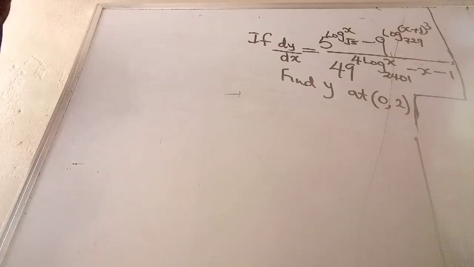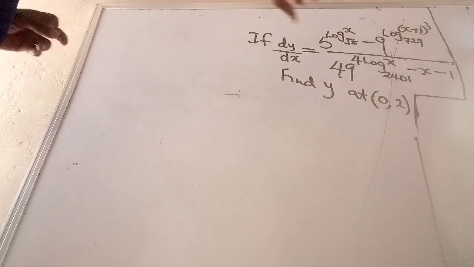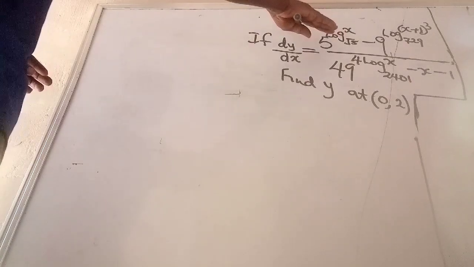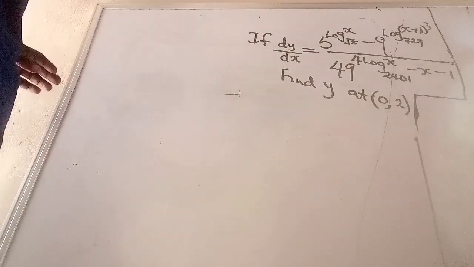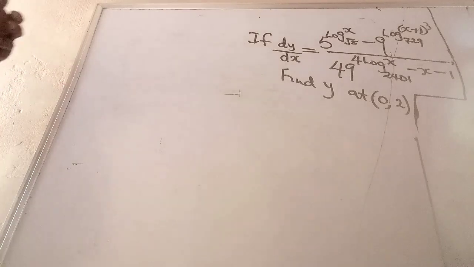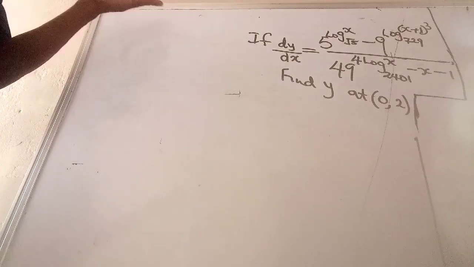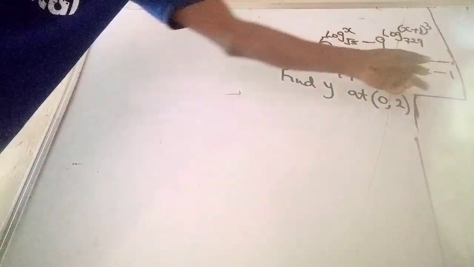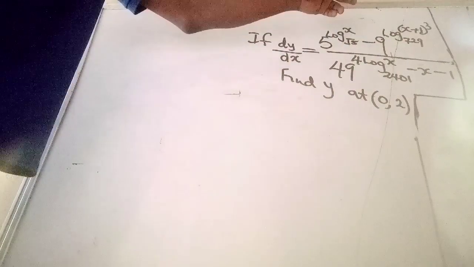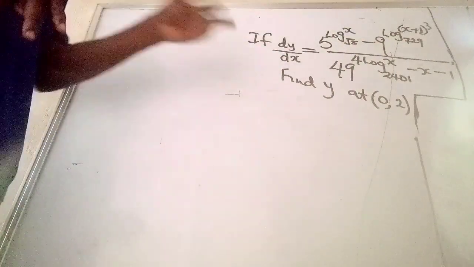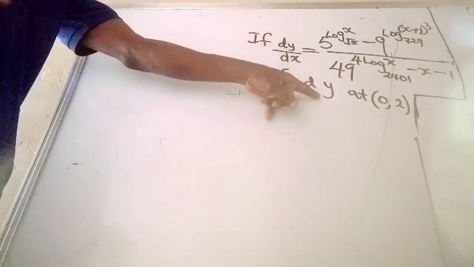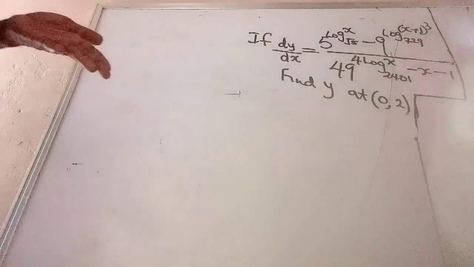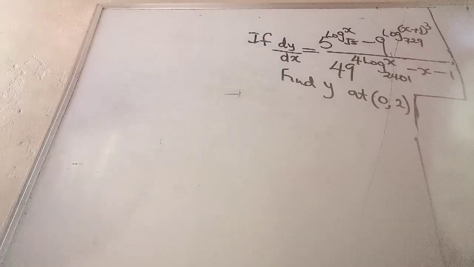How do we go about it? Fine. If you look at this question, you will observe that it has to do with logarithm and indices. That means we need the knowledge of laws of logarithm and indices to simplify this cumbersome expression before we can find y from dy/dx. So, how do we achieve this? Follow me.